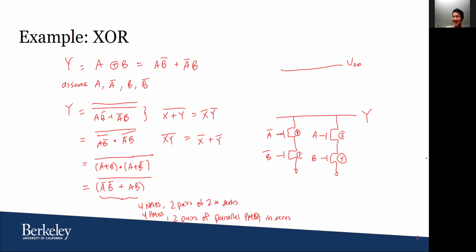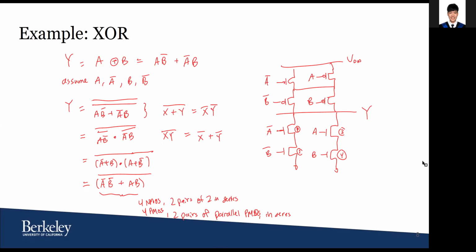So if this is VDD, you're going to have essentially two pairs of parallel PMOS, and then you put those in series. Okay? And then you get the same exact inputs in the same configuration. I think, no, oh, sorry, I messed up.